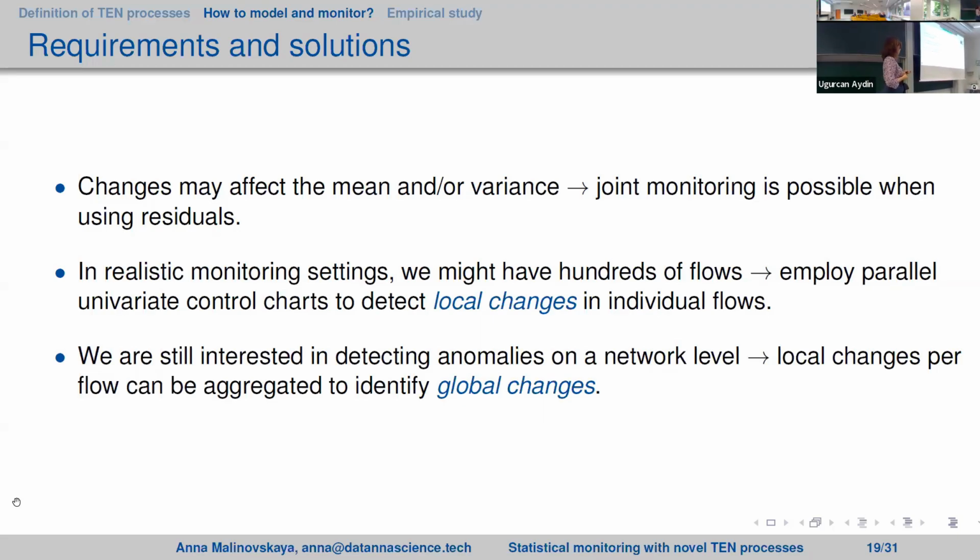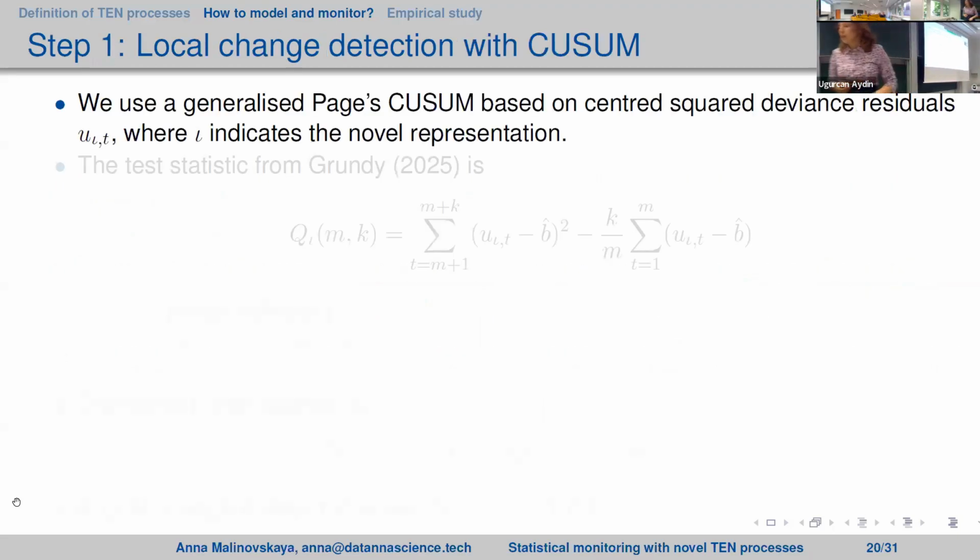For the first step, we decide to detect the local changes using the traditional CUSUM chart, where the statistic is based on the squared deviance residuals. You see I'm now using this iota variable. It indicates that we are now talking about the inverted representation of the network.